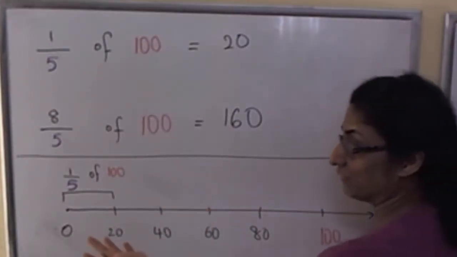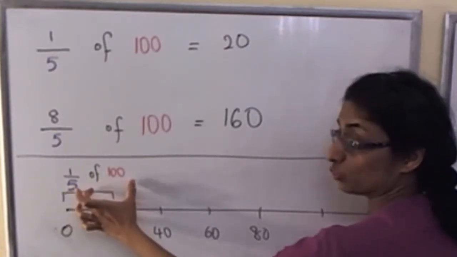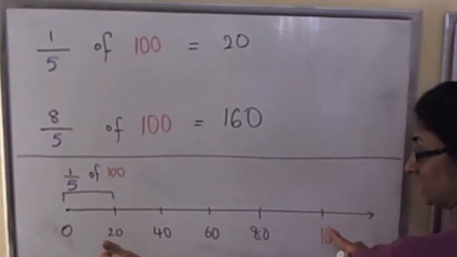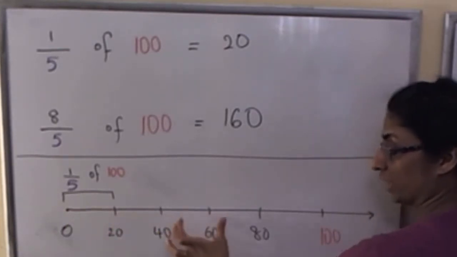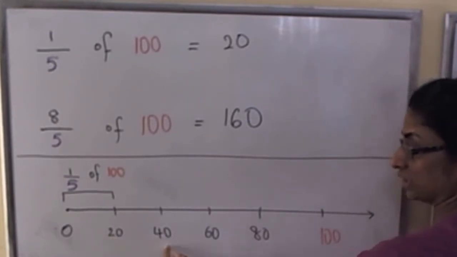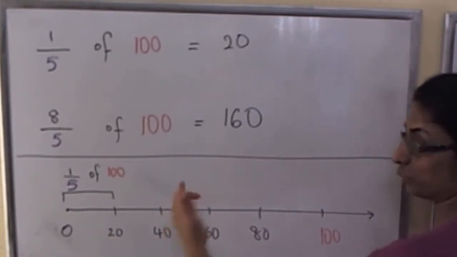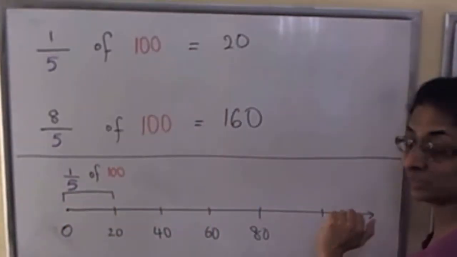And by definition, the length of one such part is 1/5 of 100. It's easy to see if you take a segment of length 100 and partition it into 5 equal parts, each part will be of length 20. So that's how we get 20, 40, 60, 80. So what we figured out from the picture is 1/5 of 100 is 20.